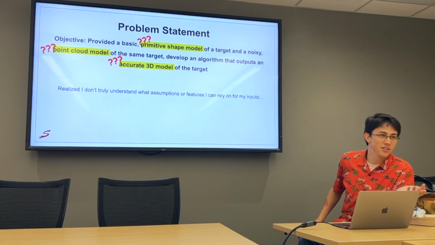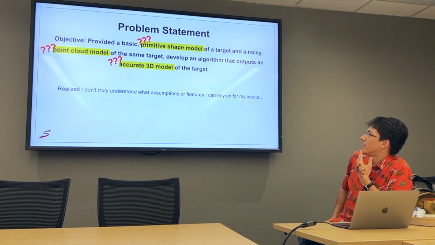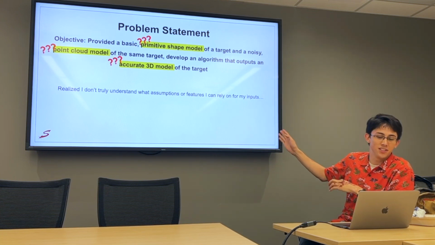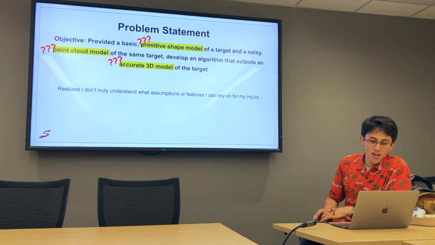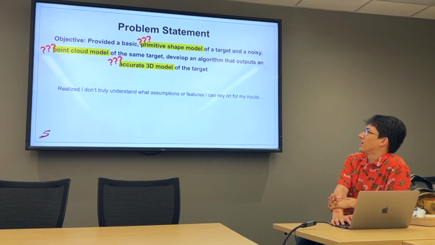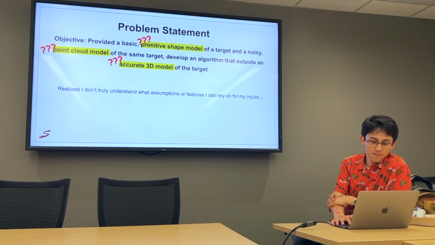And again, Professor D'Amico warned me about this very early on, but I was a little too naive to understand the pitfalls of this problem statement. And I didn't truly understand, I feel, what my inputs were as well as what my outputs were.